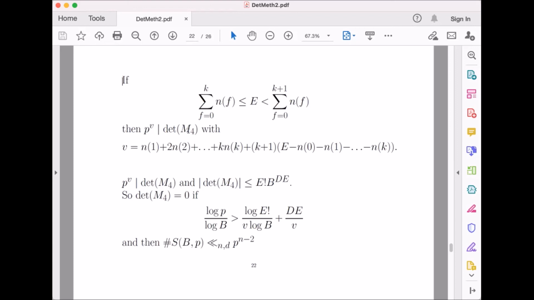Overall, given that we know that each column is divisible by a certain power of p, p to the v divides the determinant with an expression for v like this.